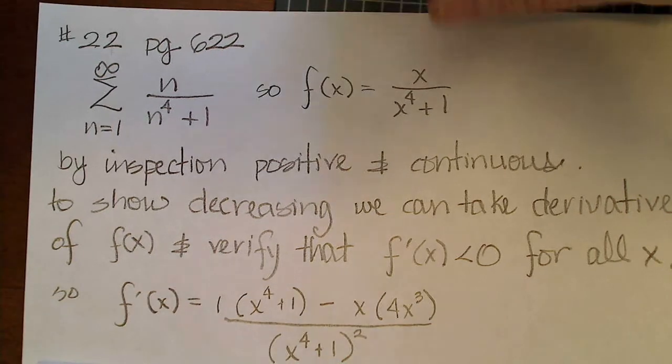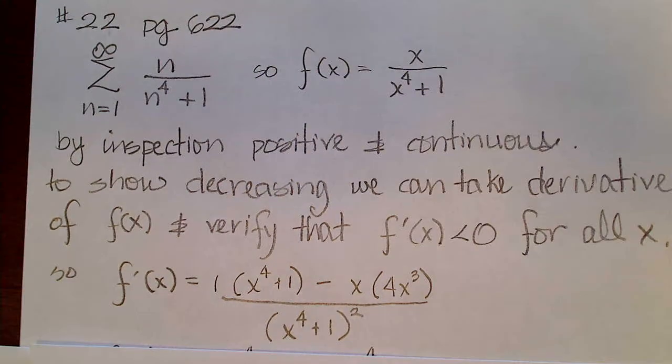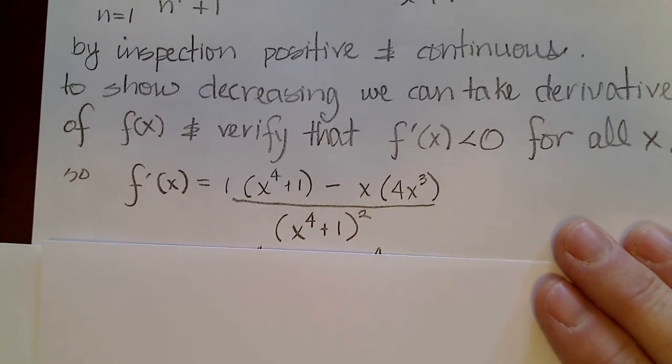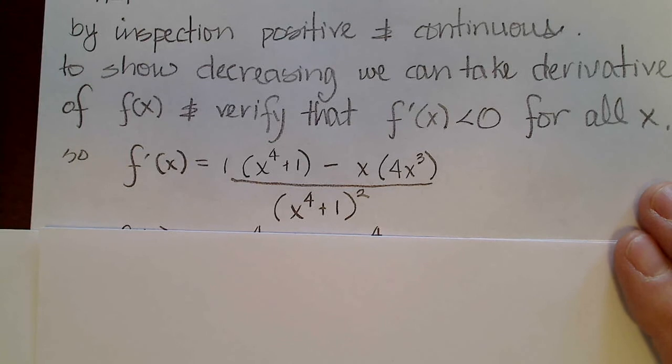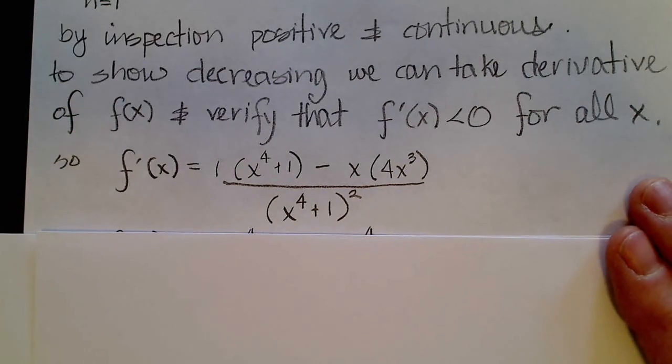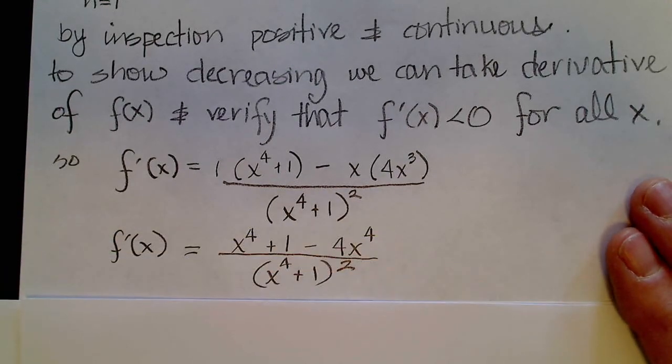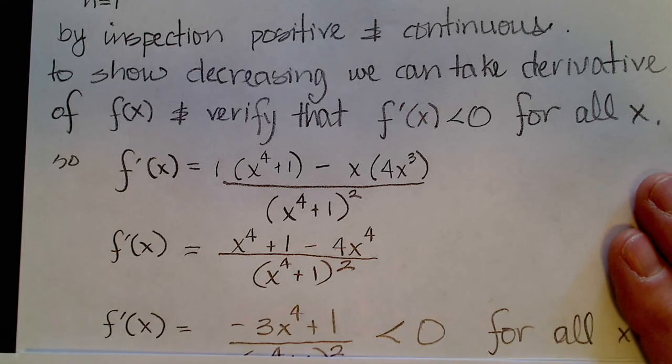So I'm going to go ahead and take that derivative, and of course, we have to use the quotient rule. So I take the derivative of the top times the bottom, minus the top times the derivative of the bottom, and divide it by the denominator squared. So here's what I end up with. I'm going to go ahead and simplify that.